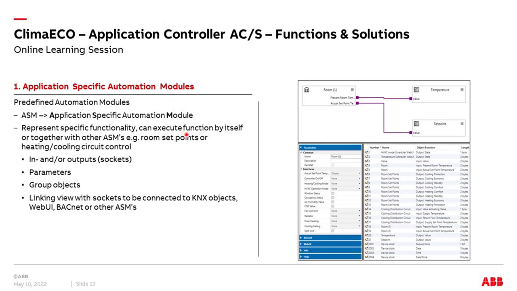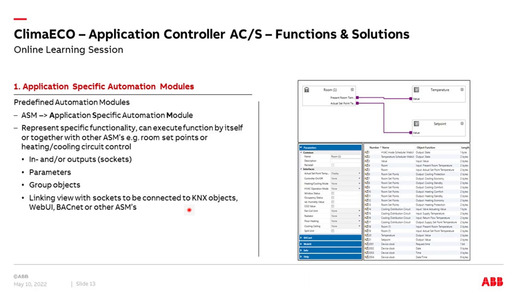So let's have a more specific look at these 4 detailed functions. ASM is the abbreviation for application specific automation modules. These predefined software functions you select from a library, and each function represents a specific functionality which can be executed by itself in the component, but can also work with other ASMs.